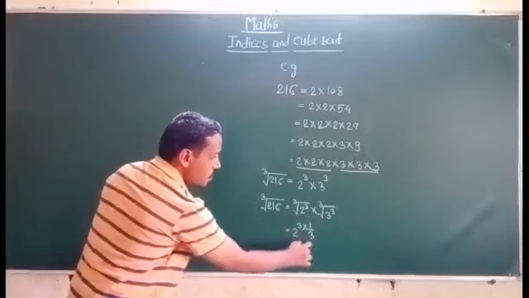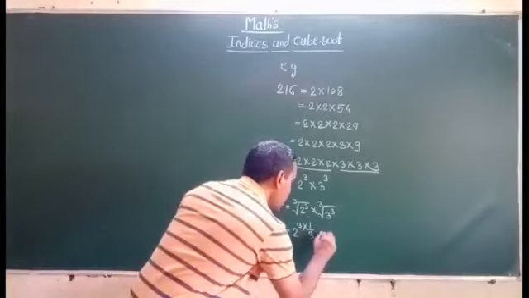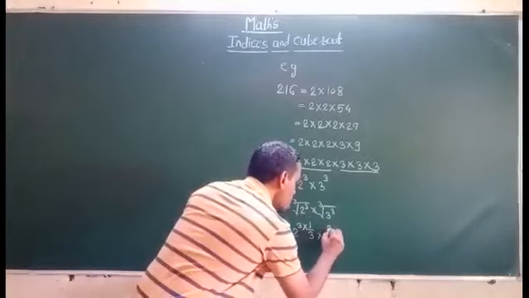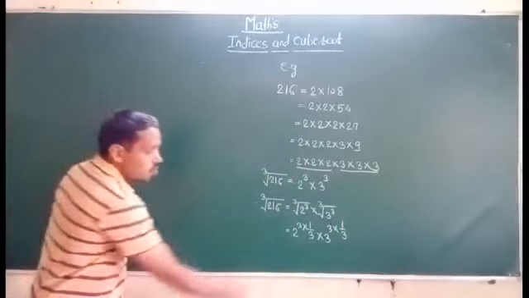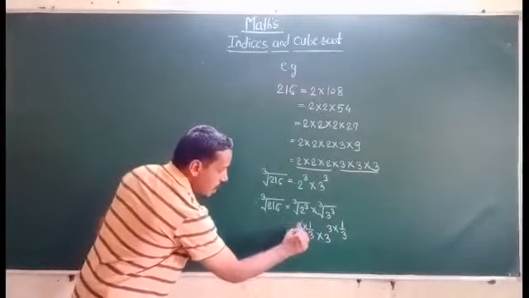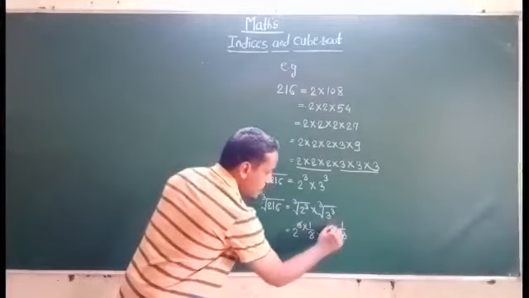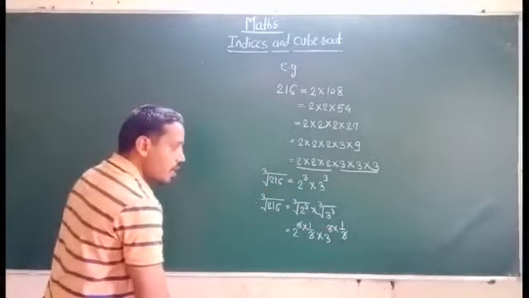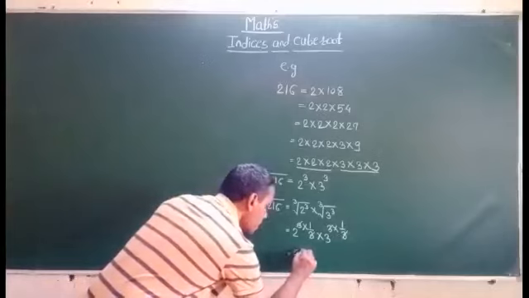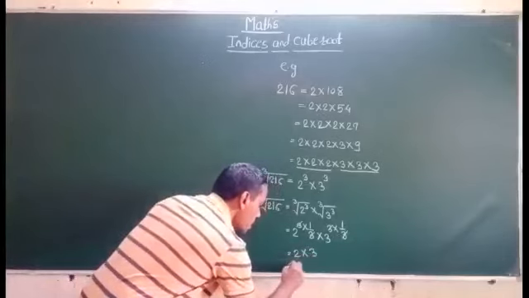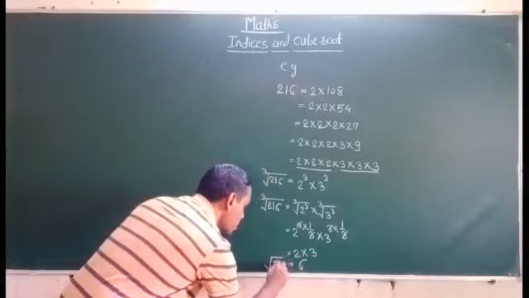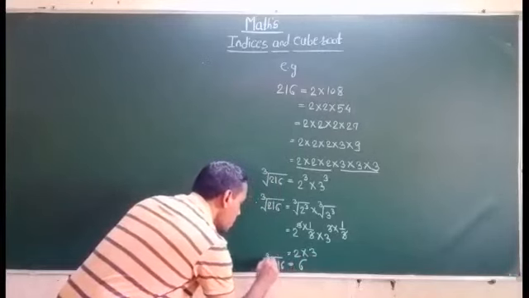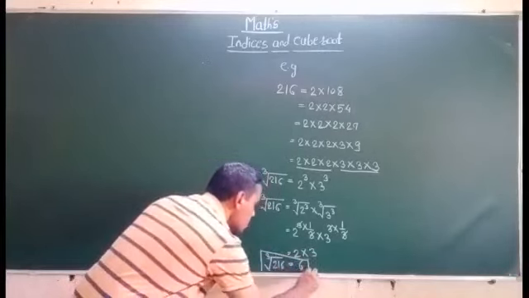So 3 into 1 by 3 into 3 raised to 3 into 1 by 3. These 3 and these 3 get cancelled, and these 3 and these 3 again get cancelled. We get the answer 2 3s, which are 6. That means the cube root of 216 is 6.